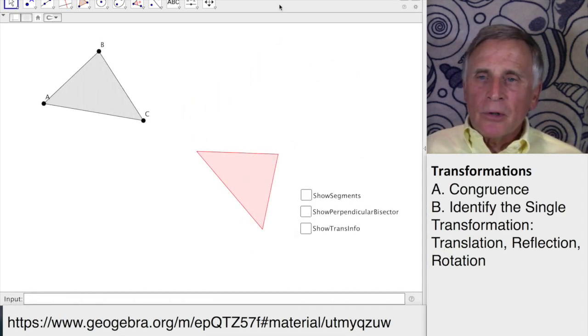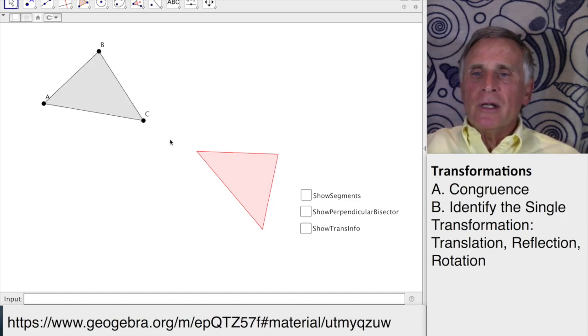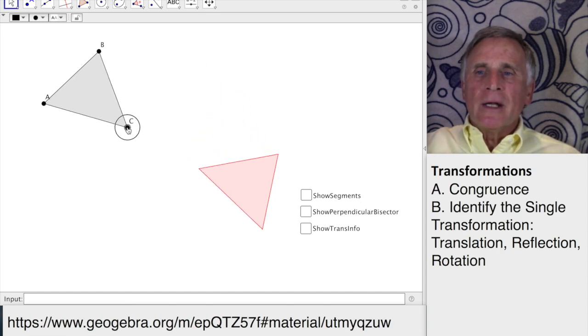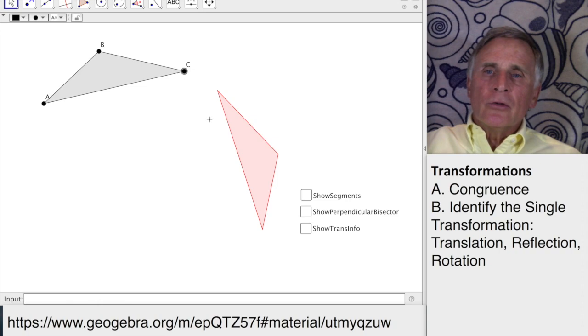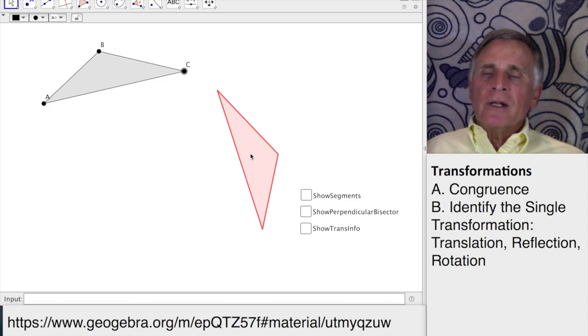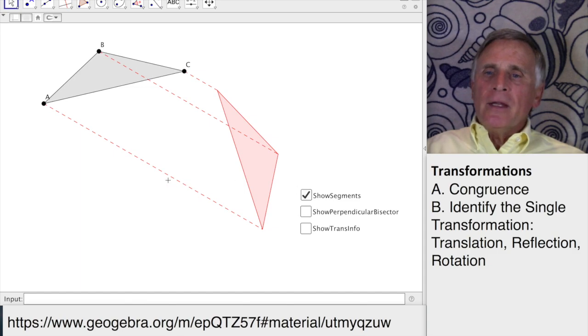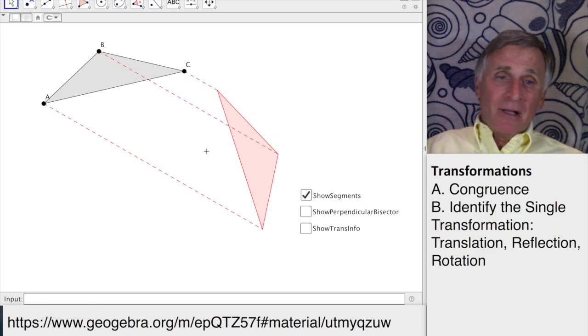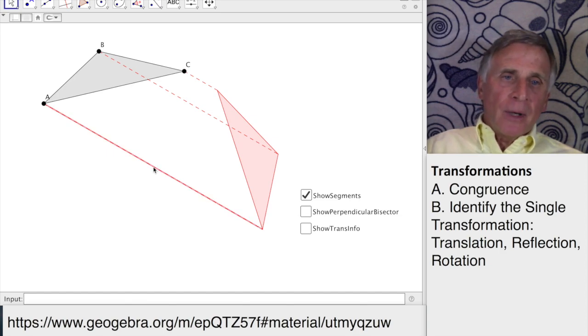Okay, here we have a similar situation: black is the original ABC, the image is in red, and we have to see whether it is a single translation, reflection, or rotation from the original to the image. Again, we identified the corresponding points and connected the segments. Now, these do appear to be parallel, and in fact they are, but they're not the same length. So the next step is to identify the midpoint of each of those segments and ultimately the perpendicular bisector.